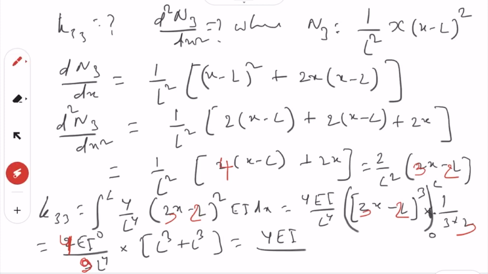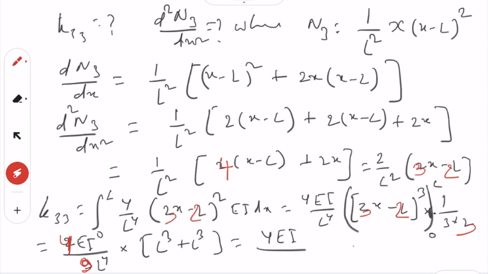So, 4 here, 9 here, EI L4, and here if you put L, then we get 3L minus 2L, so we get L cube. So, this is correct. And in 0, put 0 here, then minus 2L to power 3.